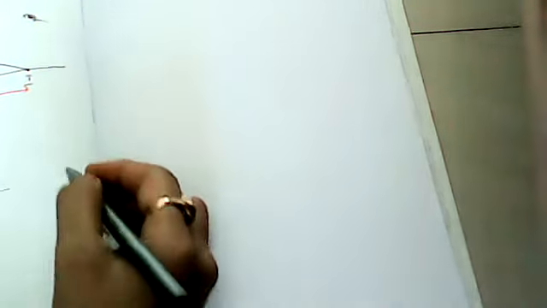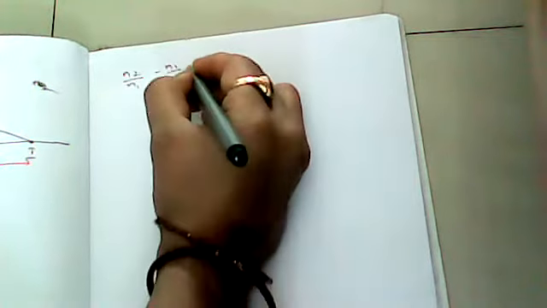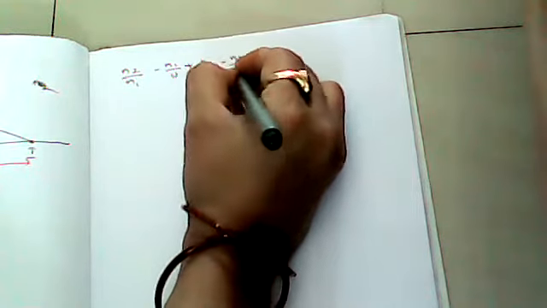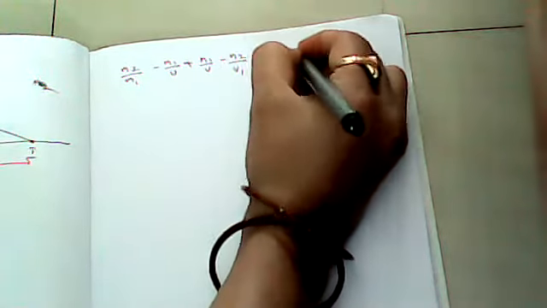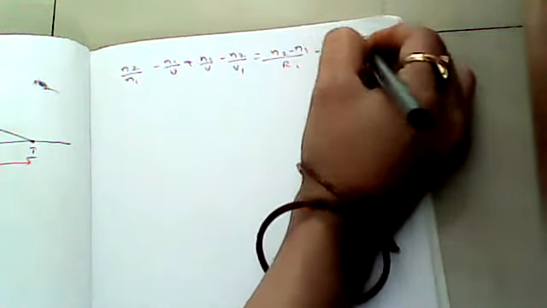ಸೊ adding these two equations, adding equation 1 and 2, add ಮಾಡ್ರೆ ಏನ್ ಬರ್ತದೆ ನಮಗೆ? Equation 1 is N2 by V1 minus N1 by U, plus the second equation, N1 by V minus N2 by V1, is equal to N2 minus N1 by R1 minus N2 minus N1 by R2.